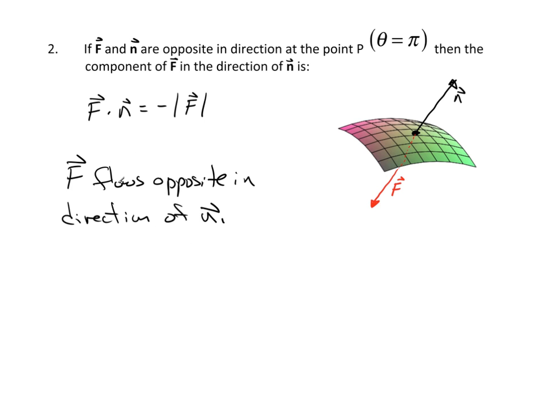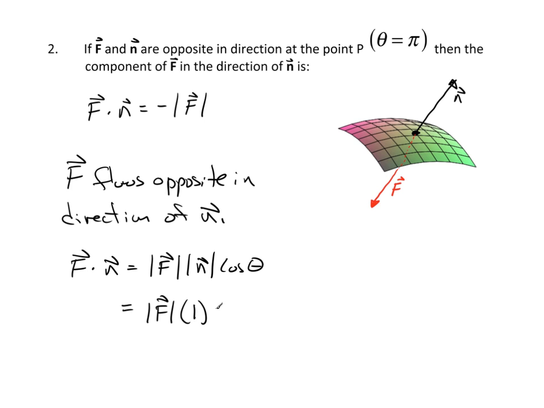Again, we get that from the dot product: F dot n equals the magnitude of F times the magnitude of n times cosine of theta. So this is the magnitude of F times 1, because it's a unit vector. Cosine of pi is negative 1, so that gives the negative of the magnitude of the vector field F.